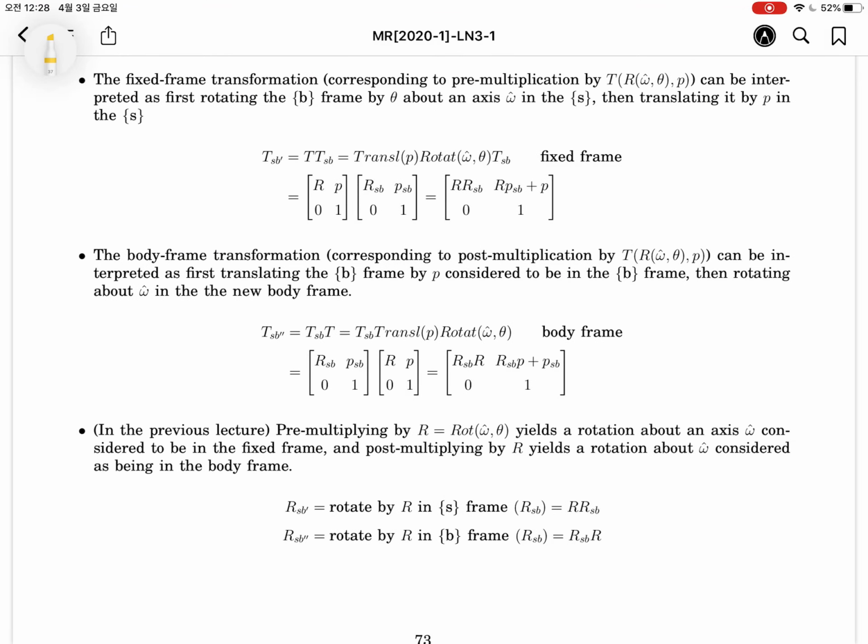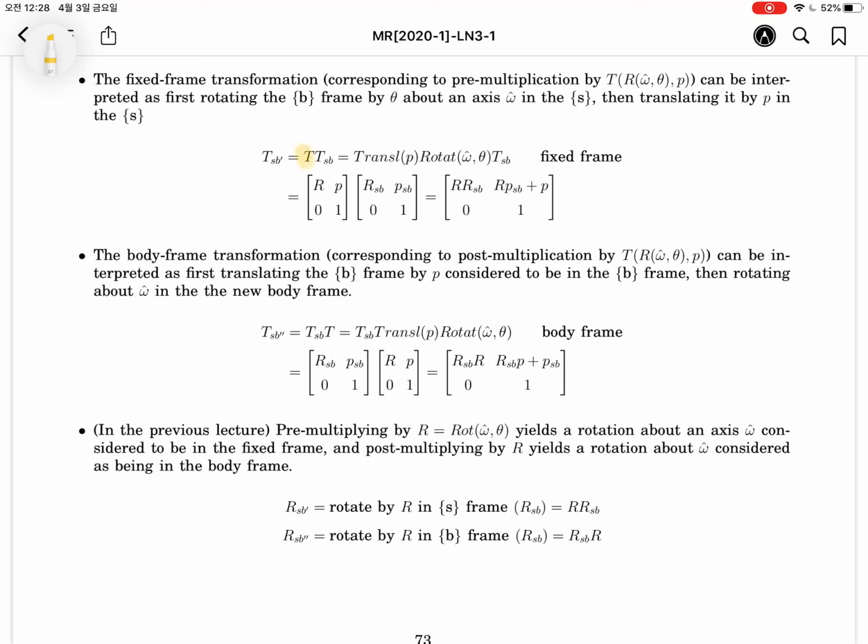Okay, in here we will talk about how the pre-multiplication and the post-multiplication bring very different results as an operator function.